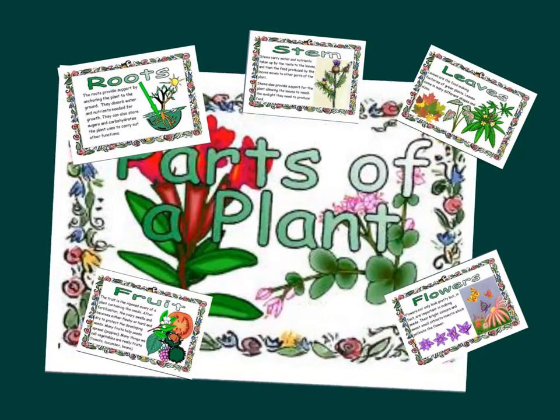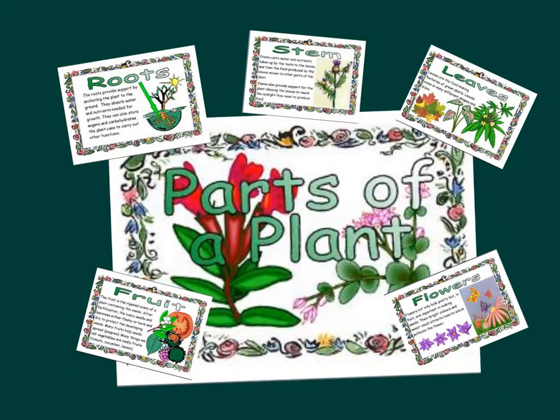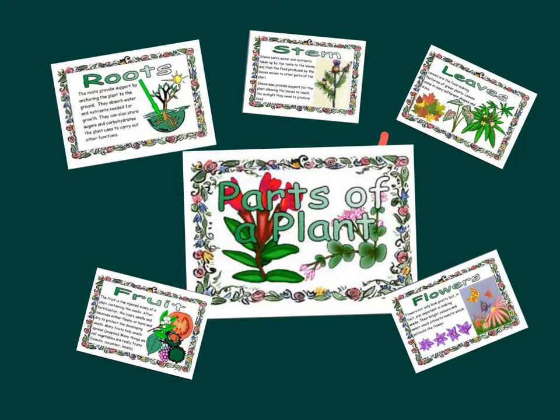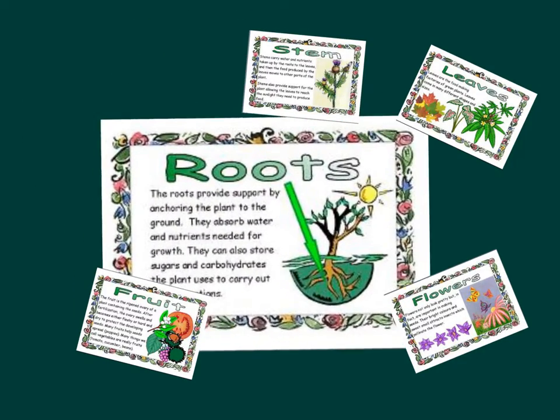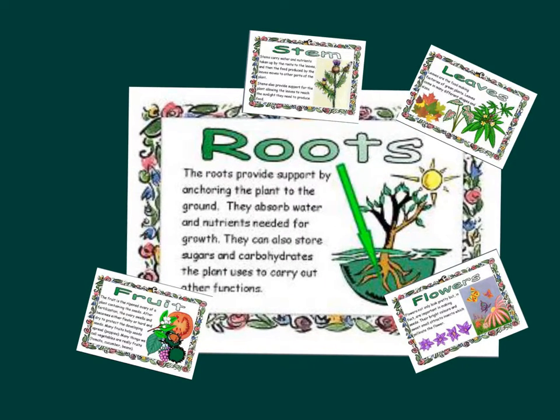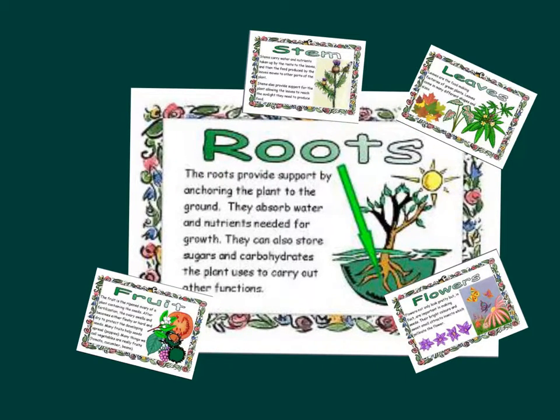Now we're going to talk about our parts of the plant. We're going to start with the one at the very beginning, and it all kind of ties in together. So we're going to talk about the roots. The roots provide support by anchoring the plant to the ground, so it's down in the soil, and that absorbs the water and the nutrients from the soil.